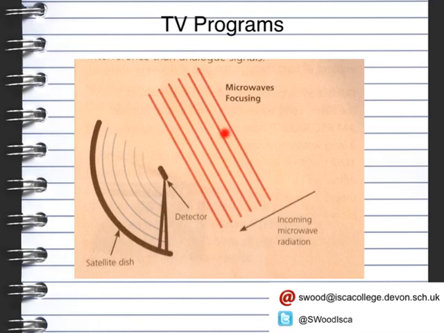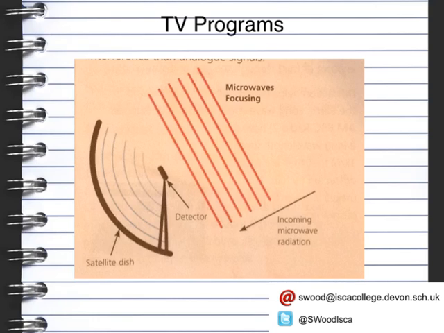So what these microwaves will do is they will hit your satellite dish that has this shape here, and it will cause them to change their shape into this curved shape. Now, what happens then is that the signal coming this way will be reflected and focused onto the detector. That way you can actually pick up the signal, and then you'll have the wire coming from the detector here going into your house, into your satellite dish box.